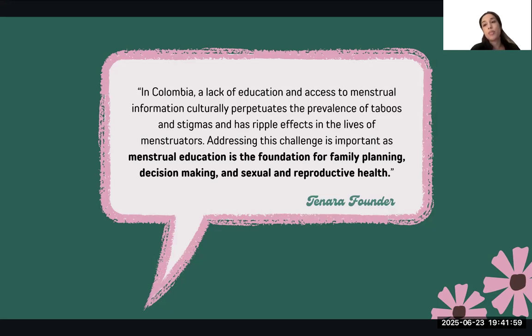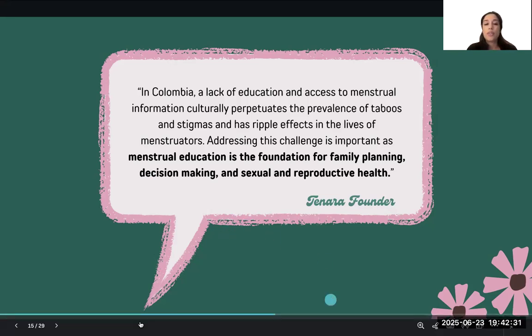If we want to talk about women's rights, human rights, we talk about family planning and decision-making, and decision-making can also look like empowerment or agency. And sexual and reproductive health can look like the right to abortion, the right to have contraception and information about that. So it goes into a lot of things, but menstrual health is the starting point, and it's really important for the organization.